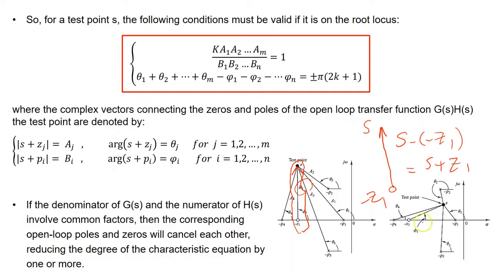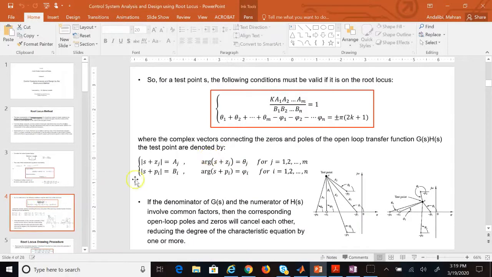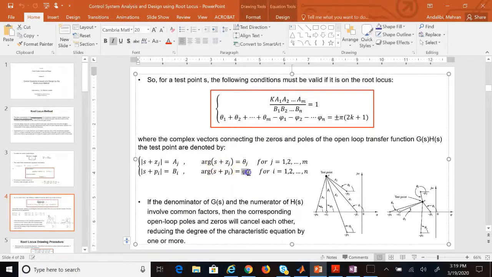As you can see here, phi is the angle that connects z to s, and z's are in the numerator. So if we want to stay consistent, we have to change it here. We have to be very careful about notations, otherwise I might confuse you. So that's how it should be, okay?